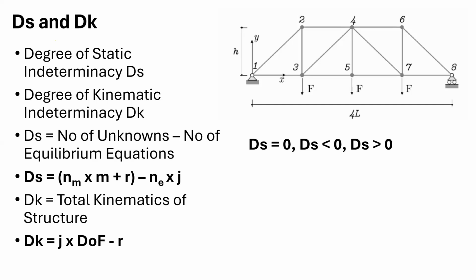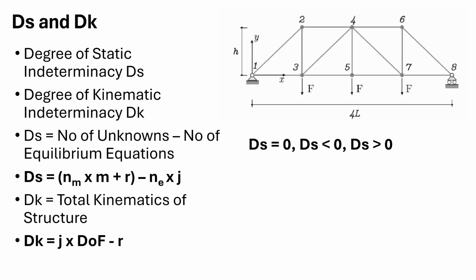So NM means the number of forces per member; in the truss, we can say it's 1, right? 1 into M, where M is the total number of members in the truss. Those members will be counted as unknown forces in the truss, correct? And plus R, the total number of support reactions. Support reactions are considered as R.